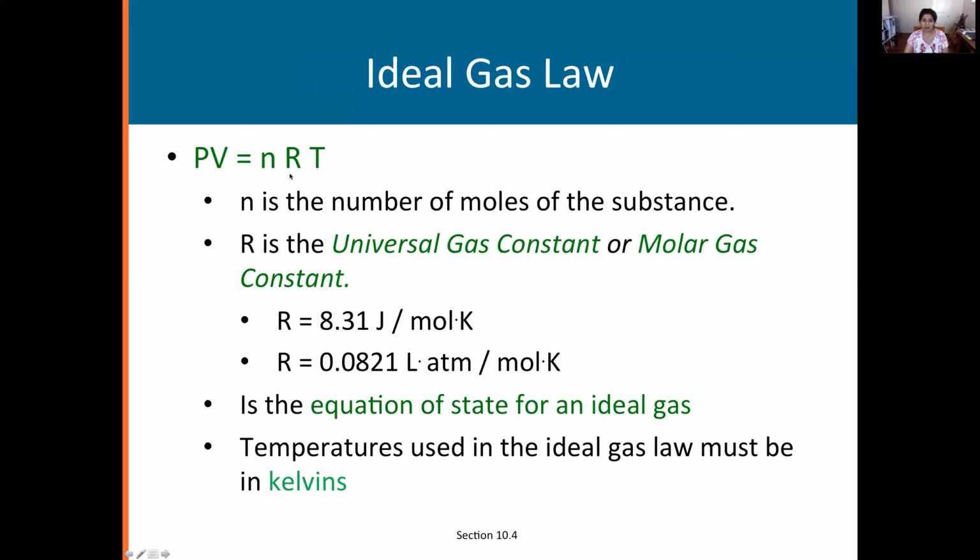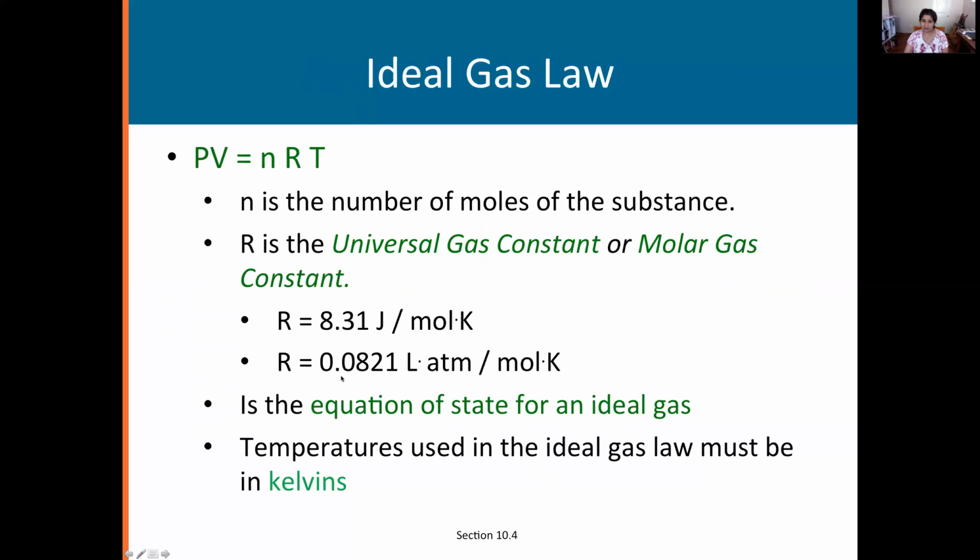So coming back to the R, it's called the universal gas constant or molar gas constant. And it can be expressed in one of 2 ways. One way is R equals 8.31 joules per mole Kelvin. And this would be our MKS way of expressing it, or SI. But you often will find it expressed in this way. R equals 0.0821 liter atmosphere per mole Kelvin. Okay.